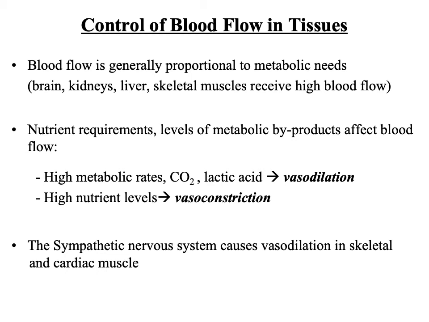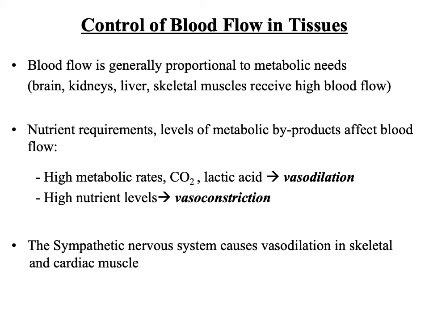Blood flow is generally proportional to the metabolic needs of the body. There are just some areas in the body that use more energy than others, certain types of tissues, certain organs. Metabolic needs, what I mean by that is how much oxygen they use, how much glucose they use, basically how much energy they burn, okay, and how quickly they need energy.